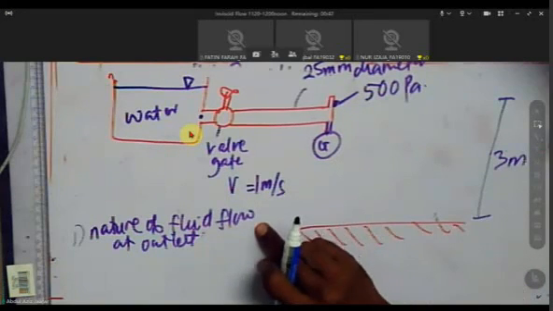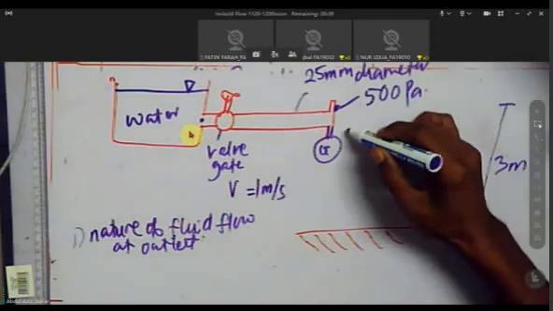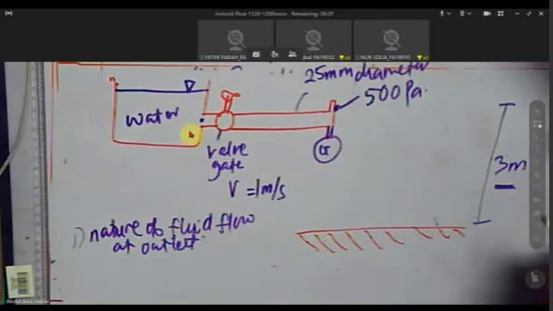Of course you have to calculate using the Reynolds number. And then you have to use this information, 3 meters, for your quiz.